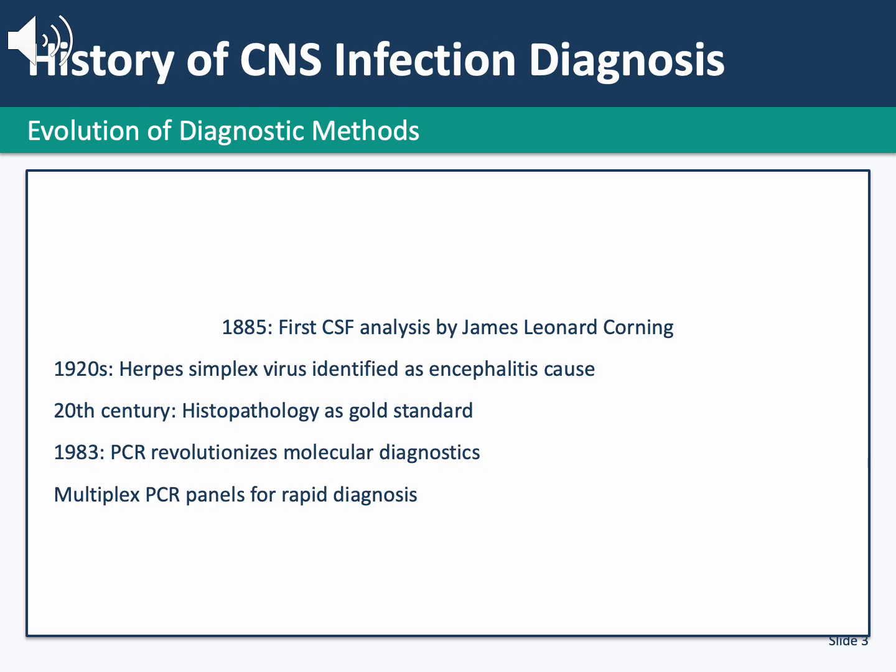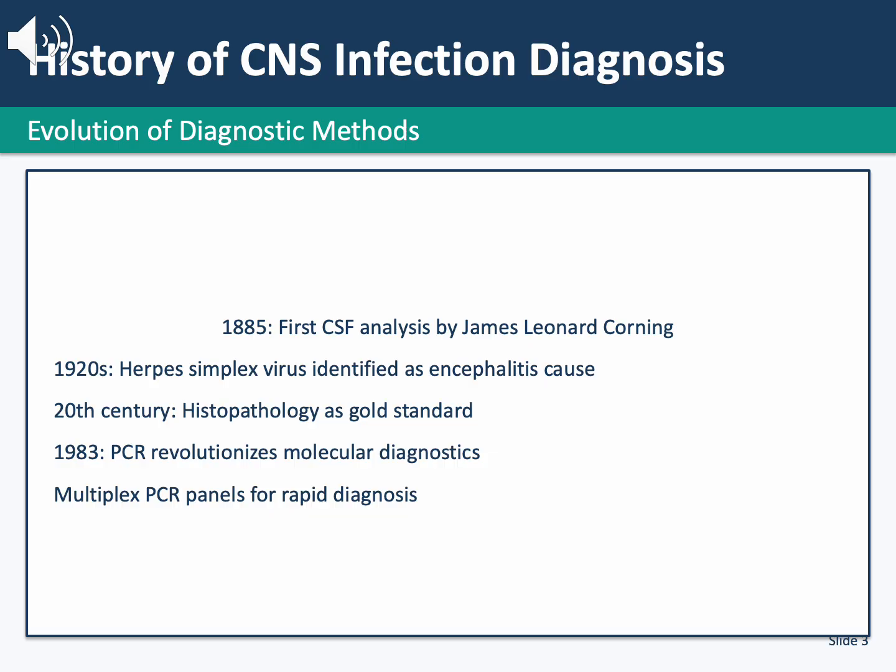James Leonard Corning first performed CSF analysis in 1885, which led to the performance of the first lumbar puncture by RT-QuIC a few years later. Robust identification and description of microorganisms followed at the turn of the 20th century and led to the description of the most common bacteria isolated from the CSF as a cause of meningitis.